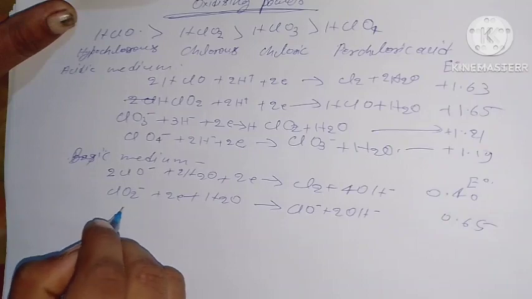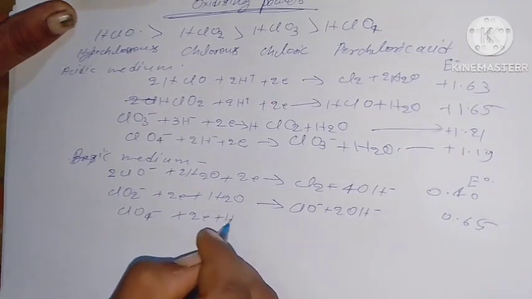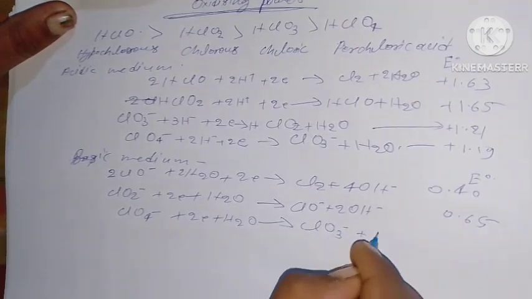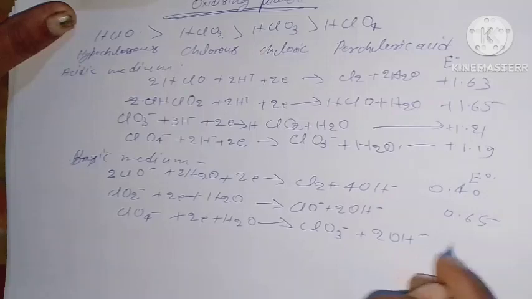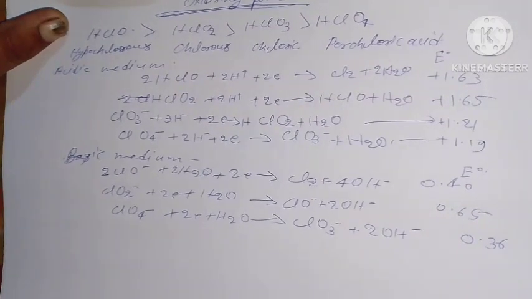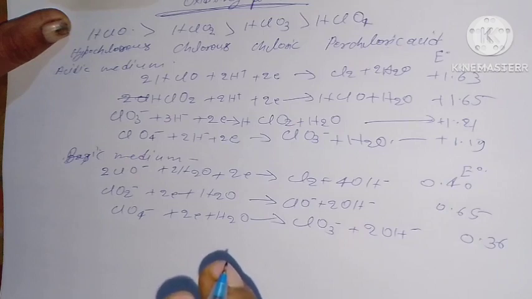And ClO4 negative plus 2e plus H2O gives ClO3 negative plus 2OH negative, and 0.36. In basic medium, the species are ClO negative, ClO2 negative, ClO3 negative, and ClO4 negative, but in acidic medium, HClO3 and HClO4 are the acids.